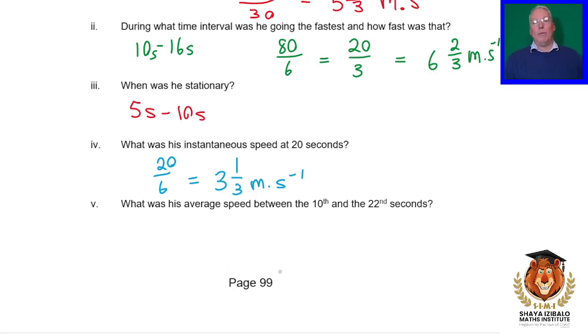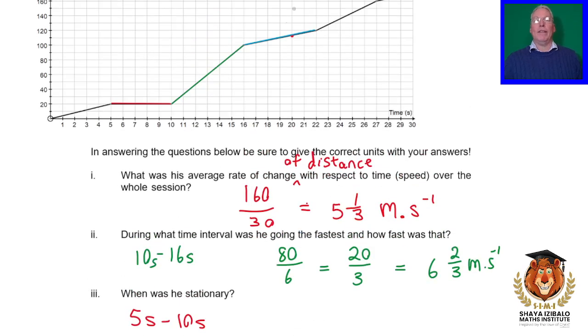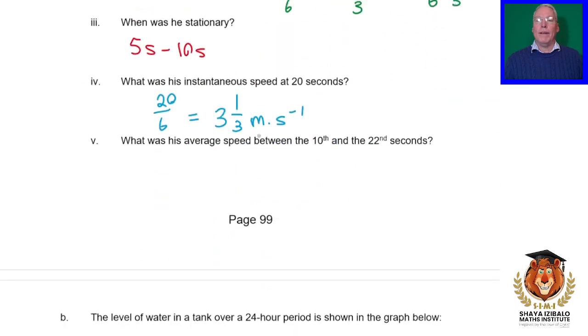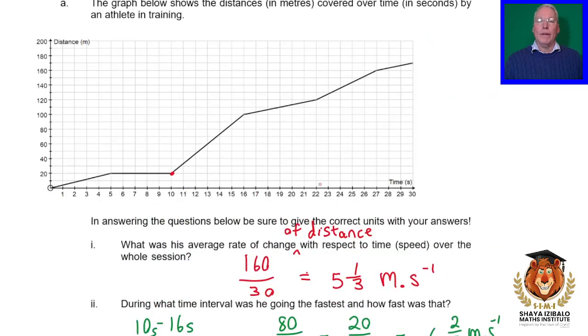And then the average speed between the 10th and the 22nd seconds. Now we're talking about the average over this time over here. So we're going to go from here, the 10th, to there, the 22nd. We're going to work out the average gradient of this straight line.